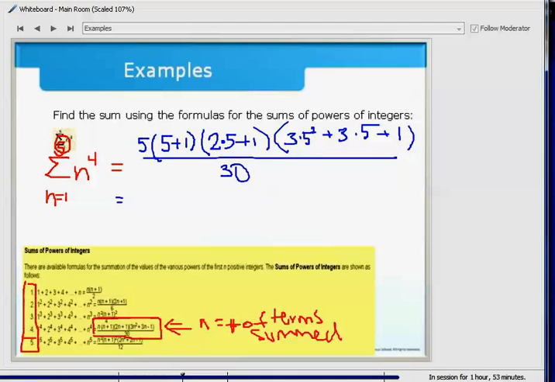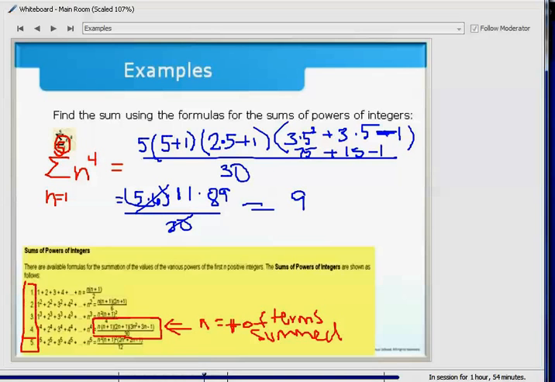If I simplify this, this is 5 times 6 times 11 times, now this is 25 times 3, which is 75, plus 15, and my formula is actually minus 1. I wrote it wrong. If we combine those, we get 5 times 6 times 11 times 89, divided by 30. 5 times 6 is 30, so I can cancel those, and then we have 11 times 89, which is 979.